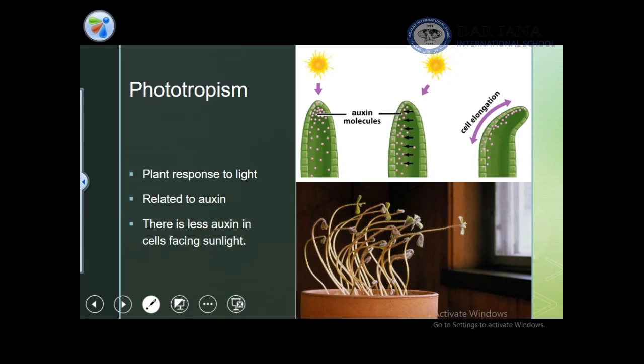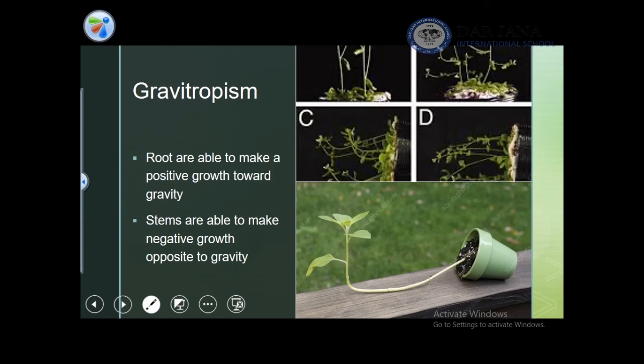The second tropism is called the gravitropism. As we all know, roots grow downward, so it is considered a positive tropism, and stems grow upward, and this is considered a negative tropism. What could happen if a pot filled with soil and containing a plant falls on a surface, so that the stem of the plant is now horizontal to the surface?